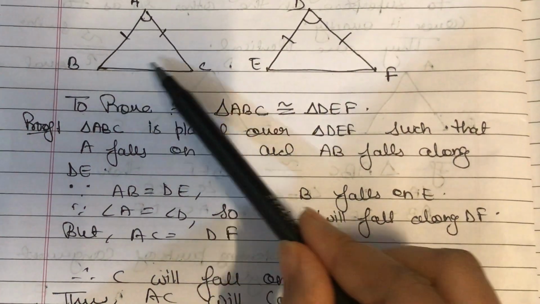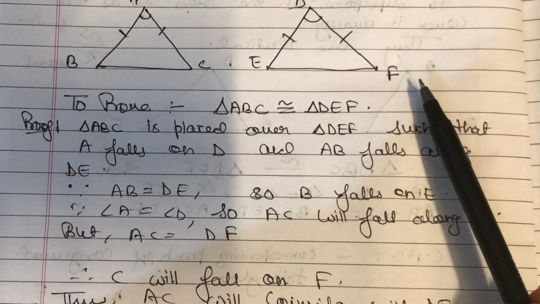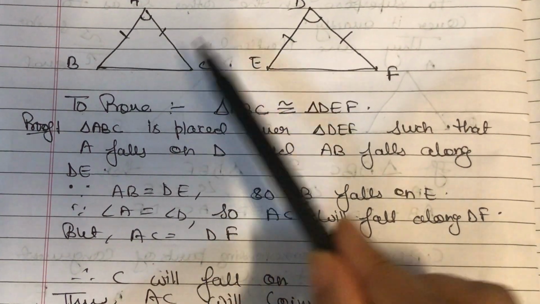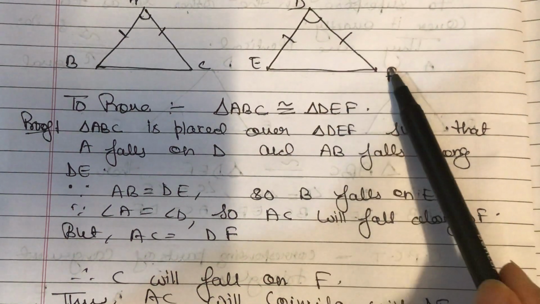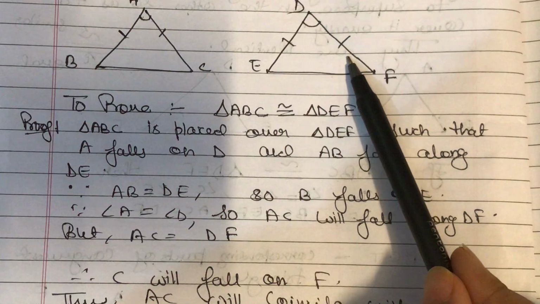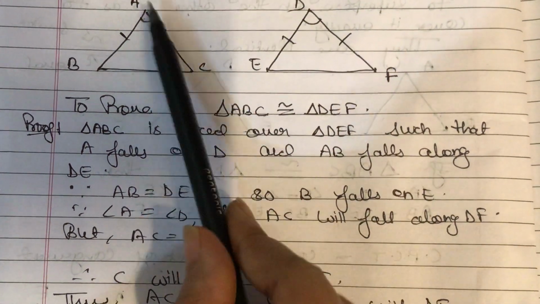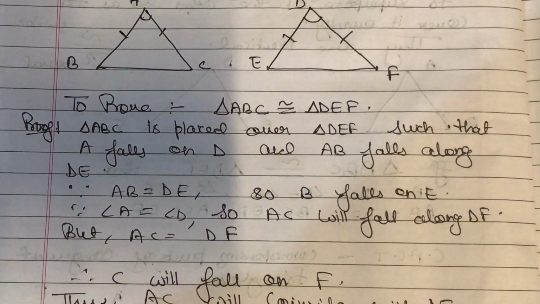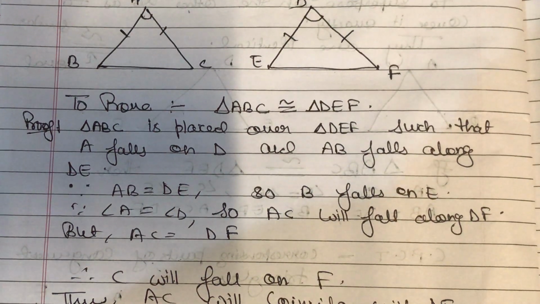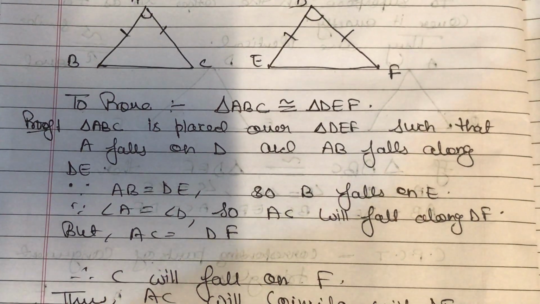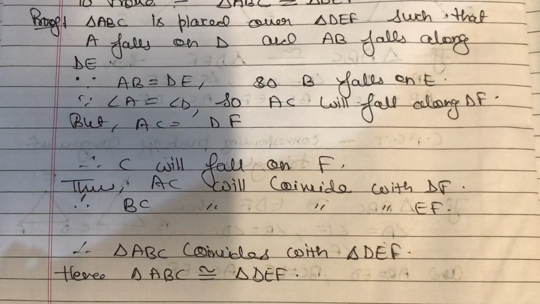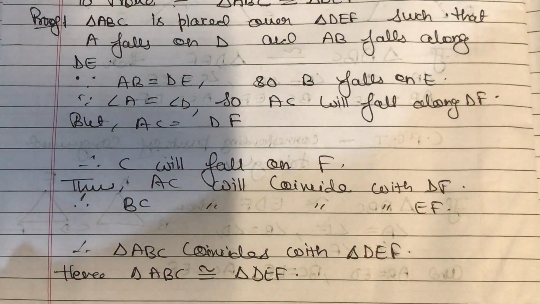So I can say the side BC falls on EF. Now all the sides of the first triangle are falling on all the sides of the second triangle. That means triangle DEF is overlapped by triangle ABC. So triangle ABC coincides with triangle DEF, then we can say that triangle ABC is congruent to triangle DEF.